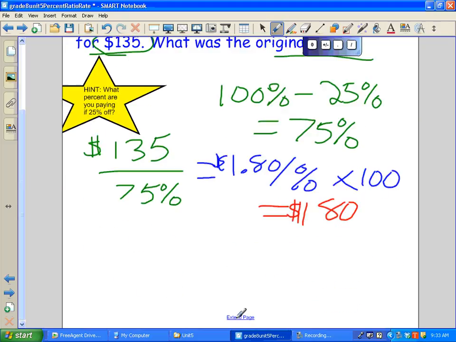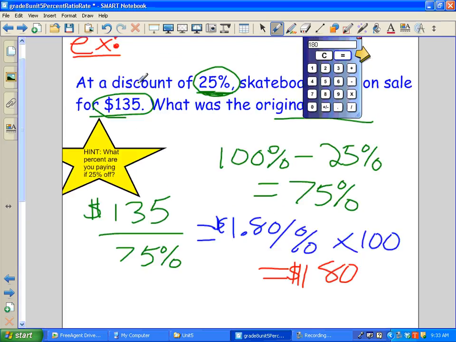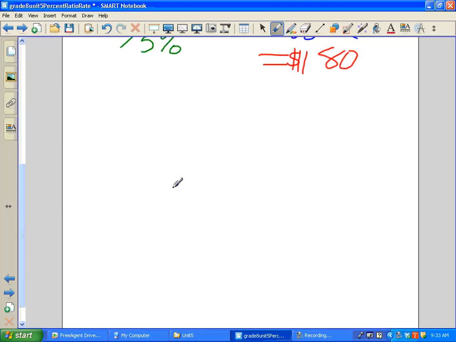Okay, so just to summarize what you do, if you're told what the percent is that this amount is, you just want to take the money or the speed or whatever it is and divide it by the percent that you're given. So if it's 25%, you divide it by 25%. If it's 75%, you divide it by 75%.